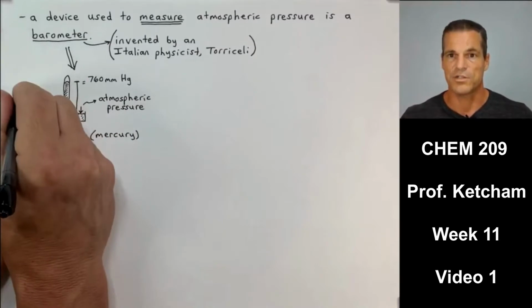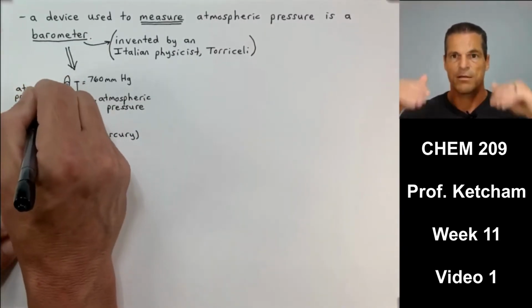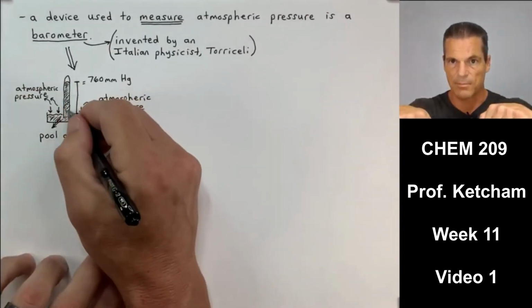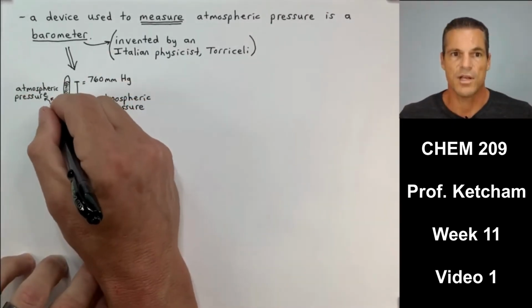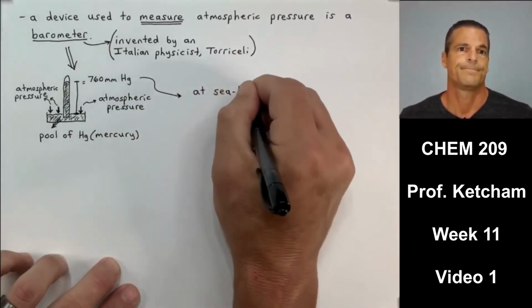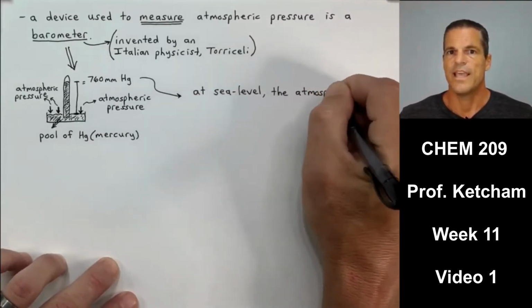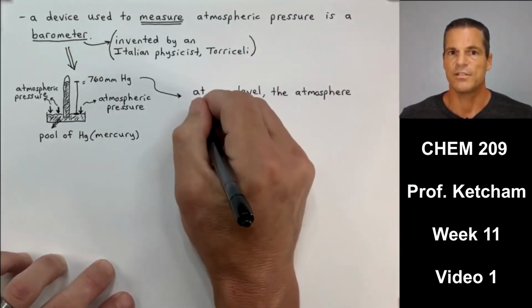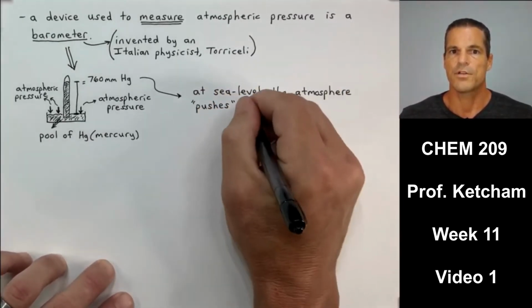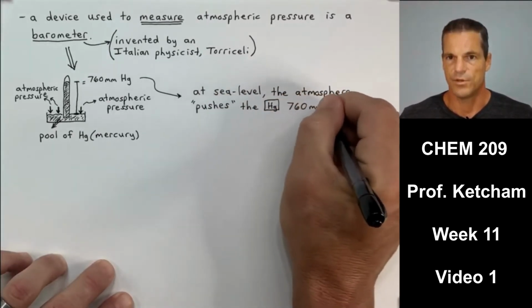And the atmospheric pressure under standard conditions, we'll get to that in a second, pushes down on the pool, pushes the mercury up to a barometer reading of 760 millimeters. Okay, so at sea level, the atmosphere pushes the mercury 760 millimeters up the tube.